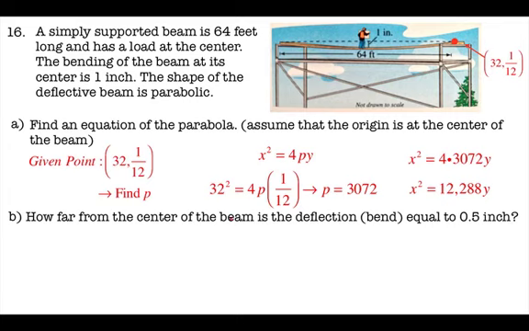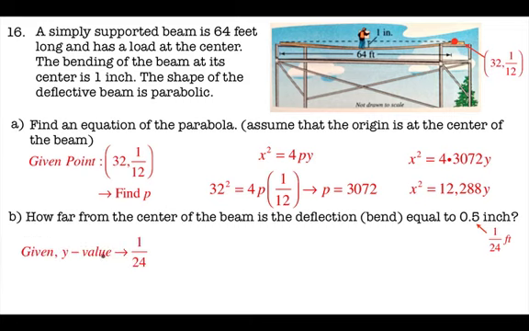It says how far from the center of the beam is the deflection, or what is also known as the bend, equal to 0.5 of an inch. What you need to understand is two things: 0.5 of an inch, we need to change it to feet, and it's 1/24 of a foot. And not only that, this is representing a y value.